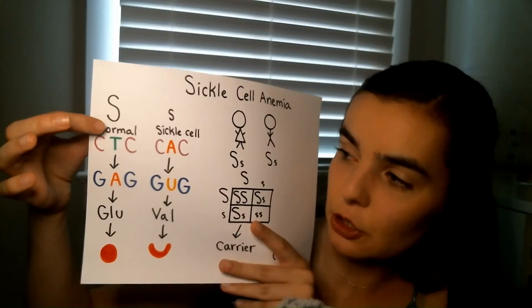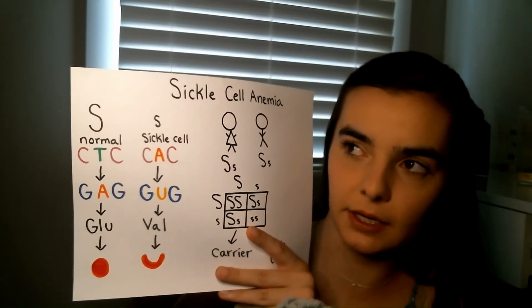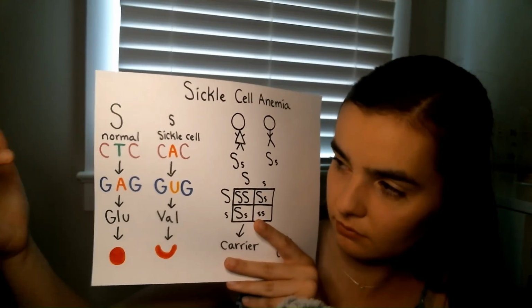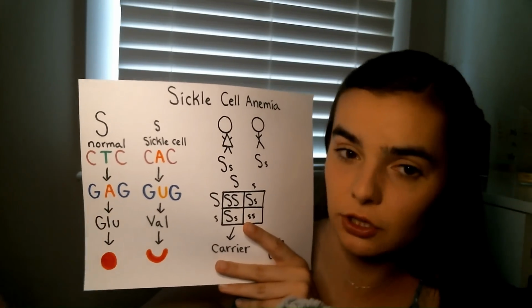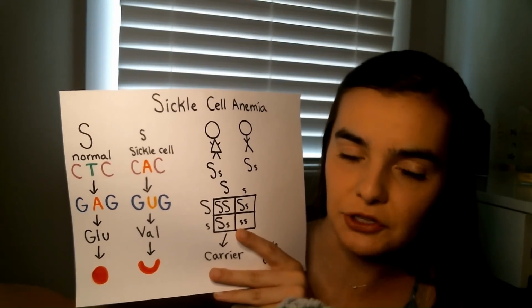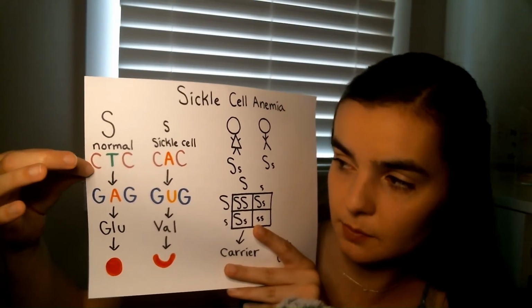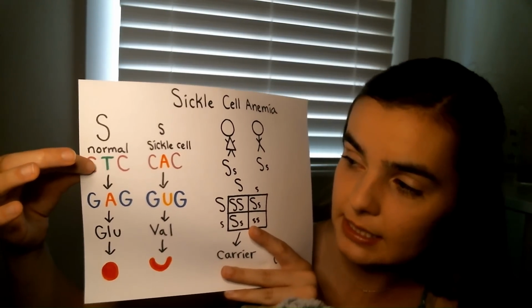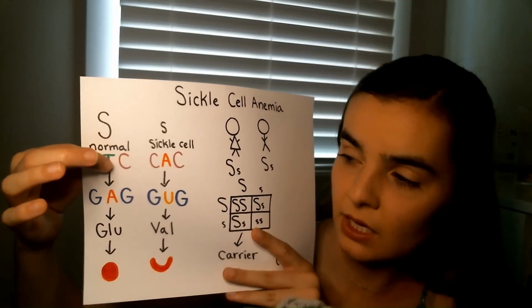And so the normal allele, the one that you're supposed to have that is not sickle cell anemia, is a much longer sequence than this, but the part that is actually changed in sickle cell anemia is this particular codon, which is supposed to be CTC.